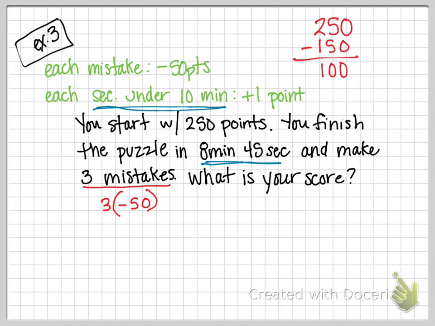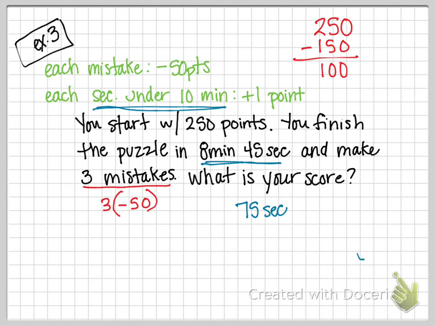So if we go from 10 minutes to 9 minutes, that was 60 seconds. Then 45 seconds to 60 seconds. Make sure you're not going to 100 because we're just going to a minute. So to 60 seconds is 15. Okay, so 75.